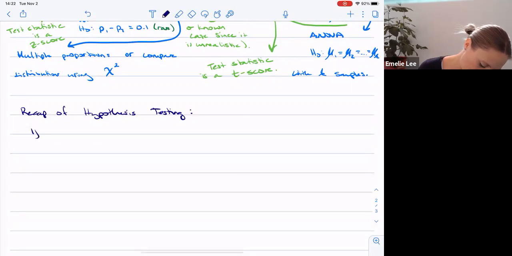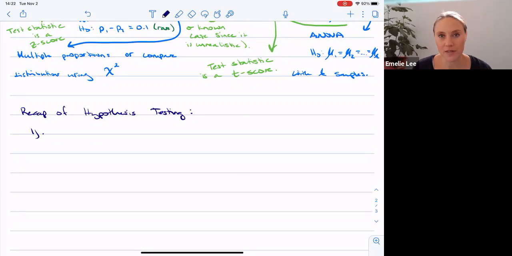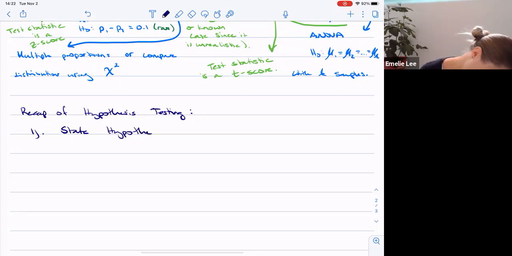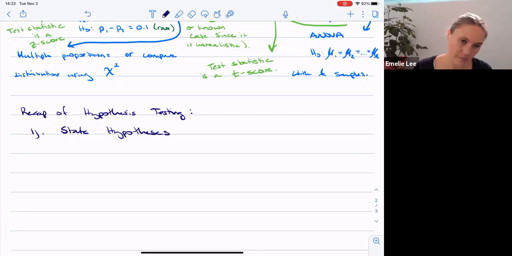So step number 1 is to state your hypotheses. Right. A sub-step here would be determine if you have a one-sided or a two-sided test, right? And that comes from the alternative hypothesis, but I'm just going to leave that as just state the hypotheses.